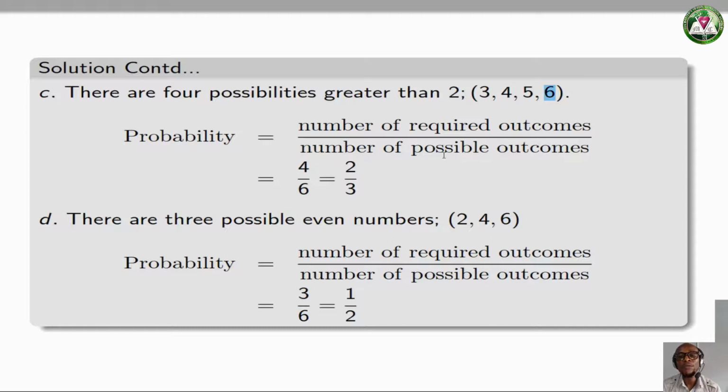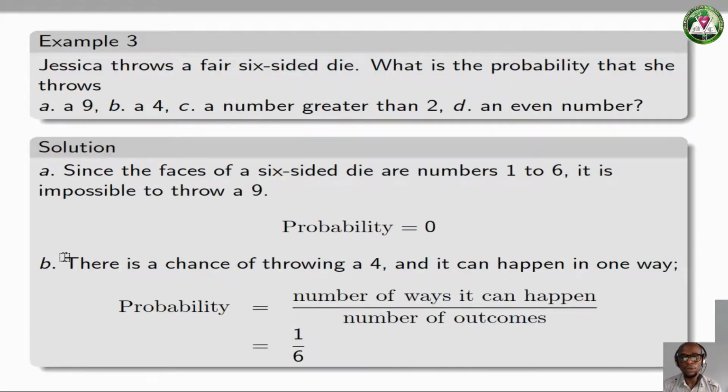Then the number of possible outcomes is 6. Why? Because our sample space is 6. A die has 6 faces on it. So the probability equals 4 over 6, which can be reduced to 2 over 3. And like I said earlier on, you can still write this as a fraction, as a decimal, or as a percentage.